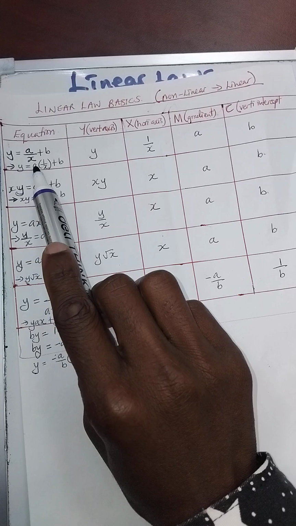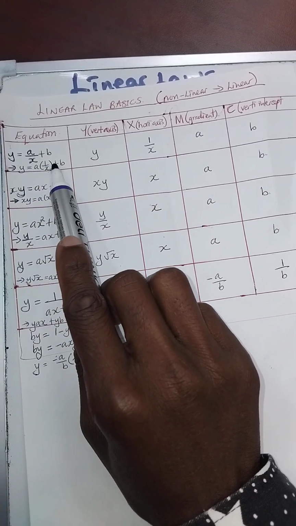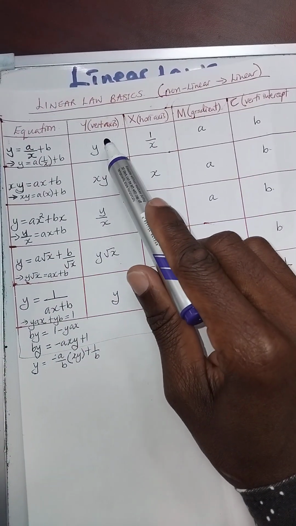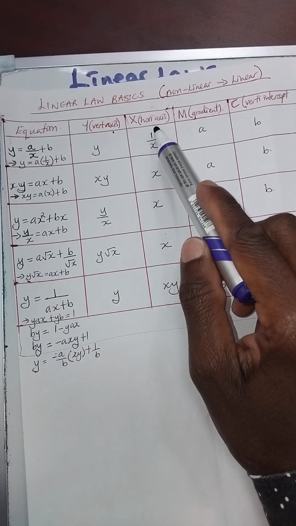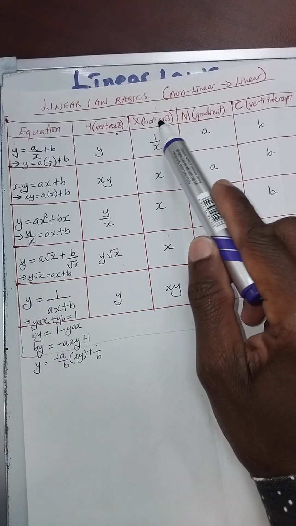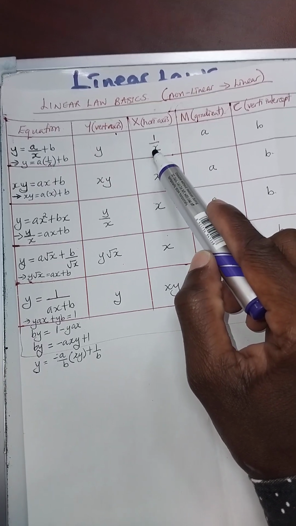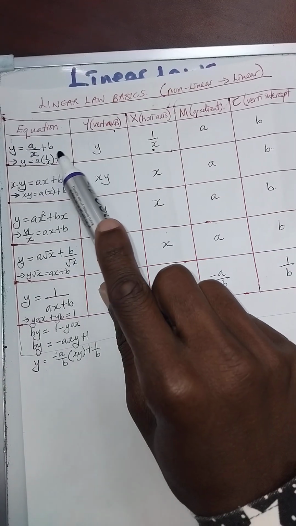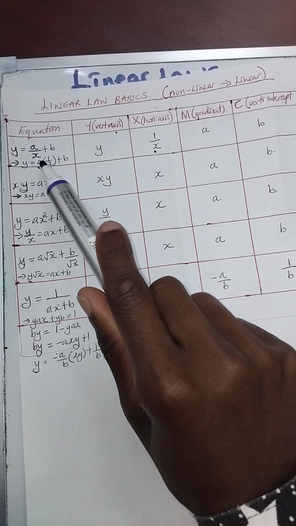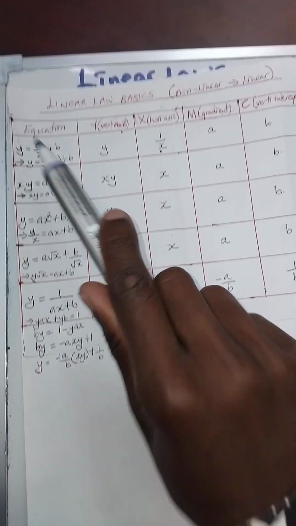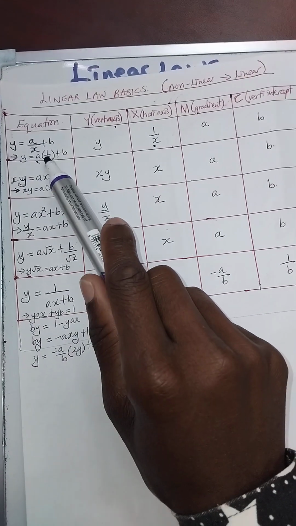This is the same as y is equal to a open bracket 1 over x plus b. So y is the vertical axis and the horizontal axis is 1 over x, where a and b are constants to be found. So y is plotted against 1 over x.